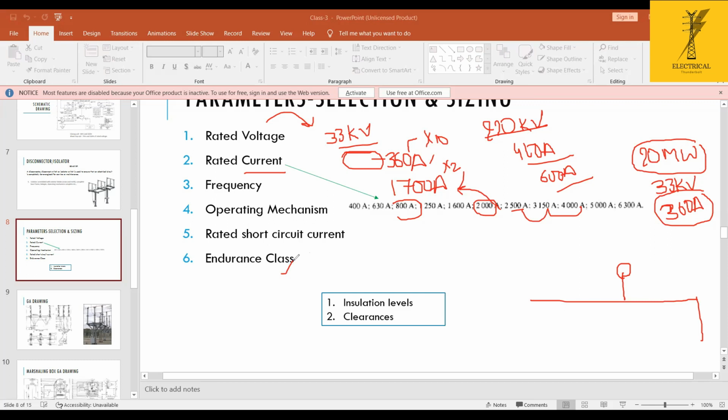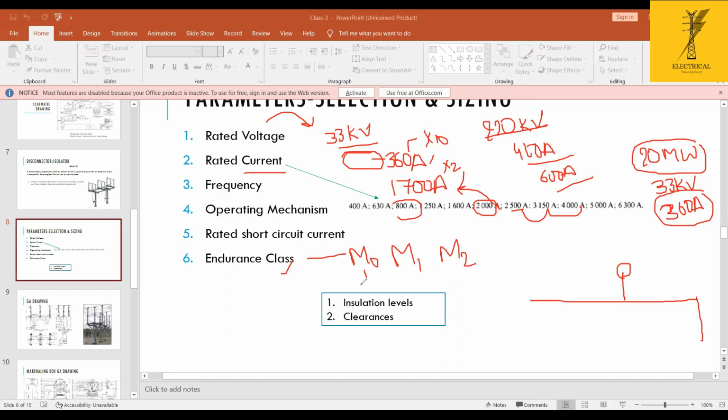Endurance class: isolators are not electrically operated. Obviously, these are operated in no load condition only. So here the mechanical endurance will come, meaning how many times you are operating the isolator. We have three types of mechanical class: M0, M1 and M2.